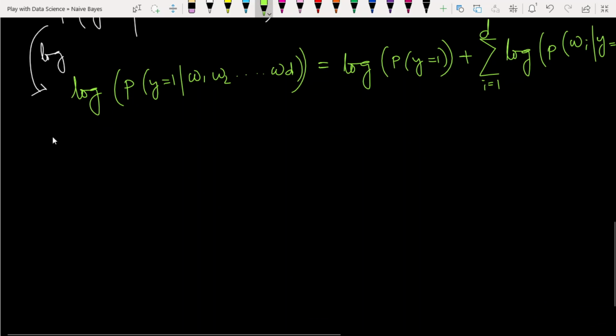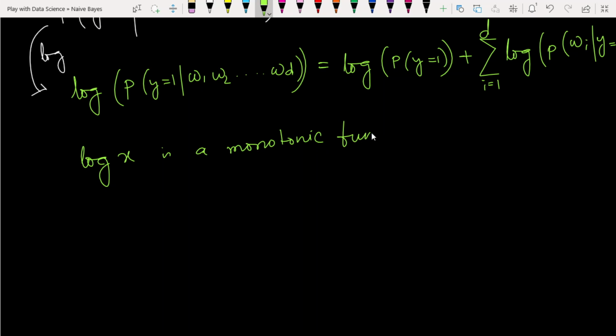And we know that log is a monotonically increasing function. Log of x is monotonic, because if we increase the value of x, then the value of log of x also increases.